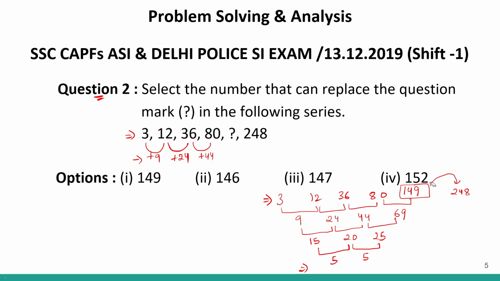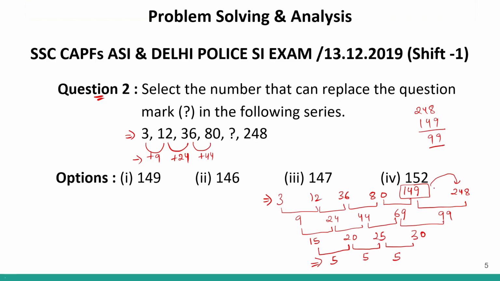To check it with 248, 248 minus 149 will give me 99. So the difference between these two terms is 99. Now, the difference between these two terms is 30, and the difference between 25 and 30 is 5. So this last term is logically correct in all the terms.